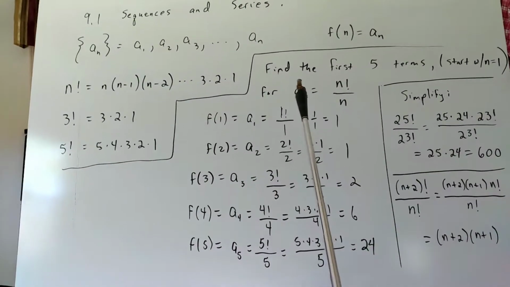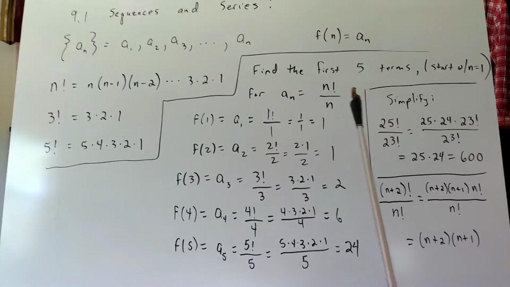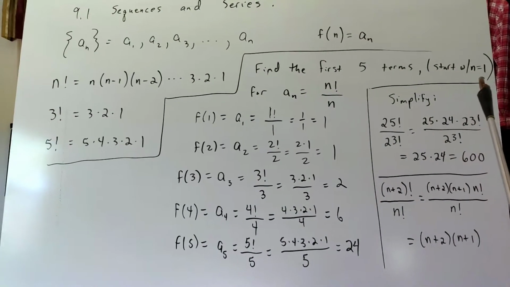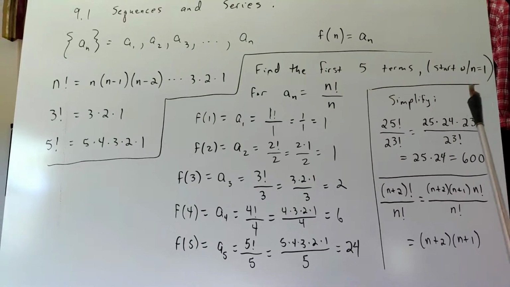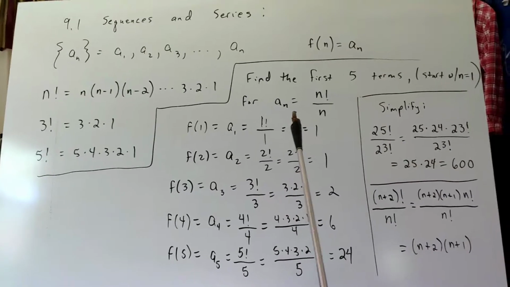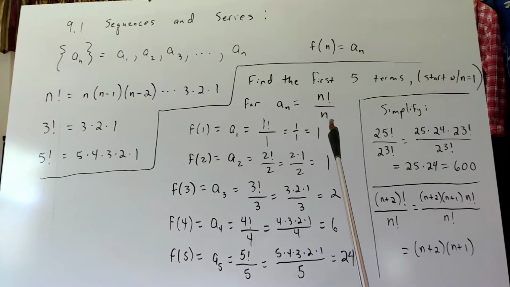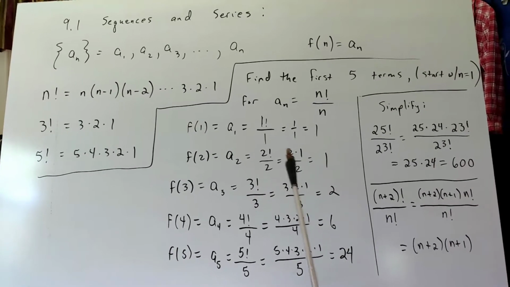Here's an example of a sequence. We're going to find the first 5 terms starting with n equals 1, for the given sequence whose nth term, a sub n, is to be found by setting a sub n equal to n factorial divided by n.